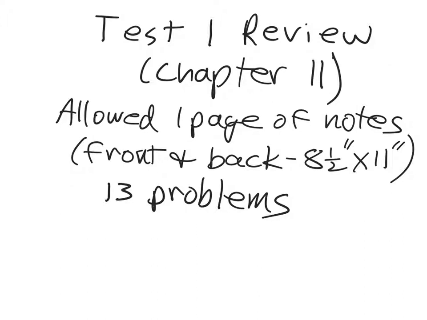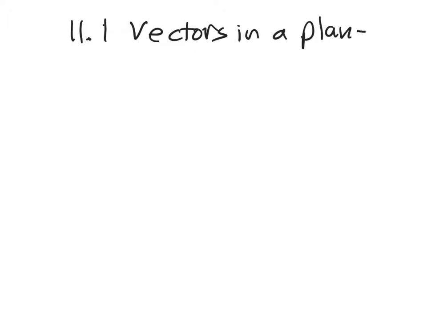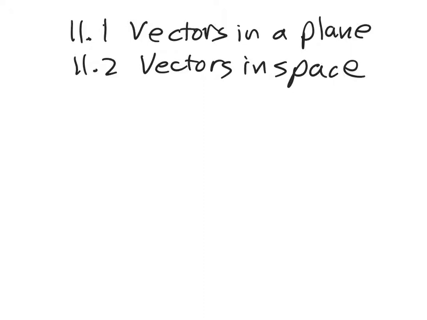Section 1, well, section 1 and section 2 kind of go together. 11.1 was vectors in a plane. And section 2 was basically the vectors in space after we introduced the space, what they call space coordinates.